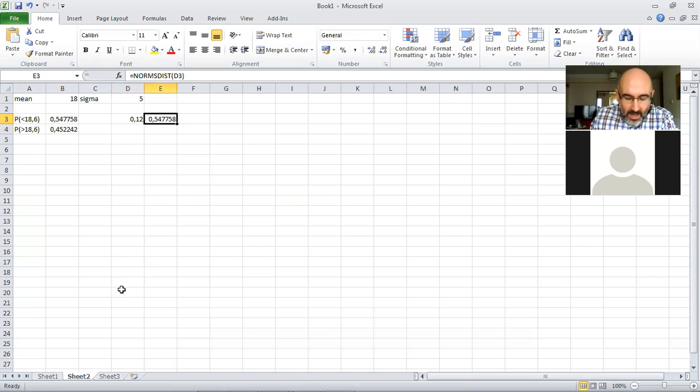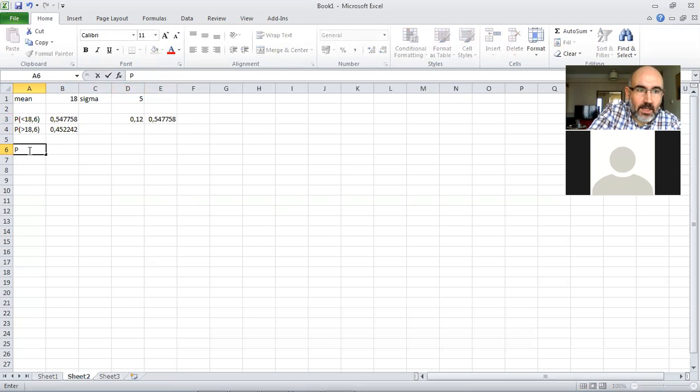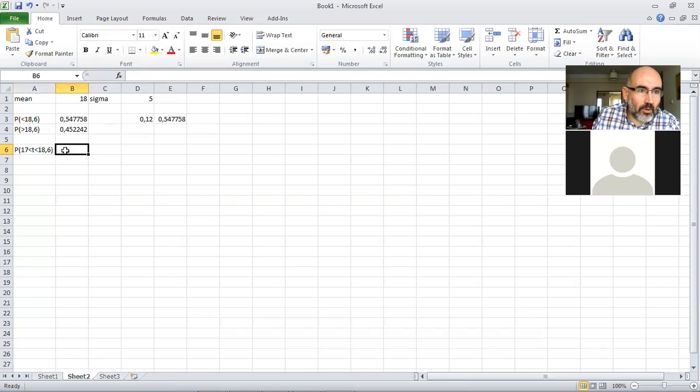The other thing we had was the in-between probabilities. What if I want to find the probability that the download time will be greater than 17 but less than 18.6? Then I just have to subtract two values. I already found the probability of being less than 18.6, right here.